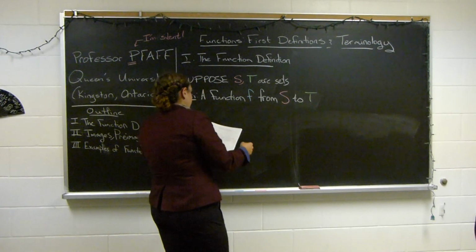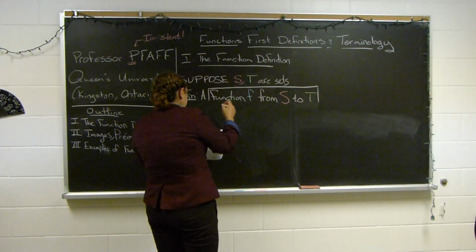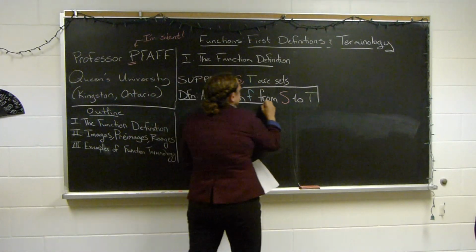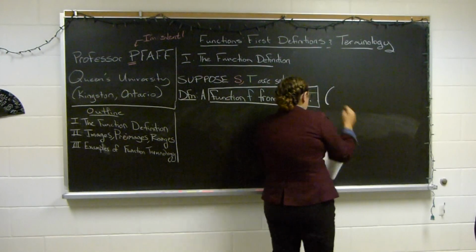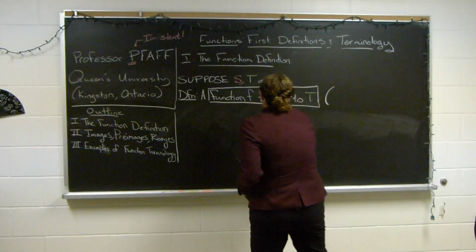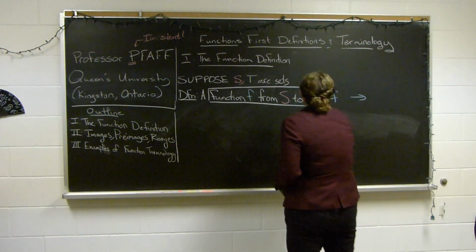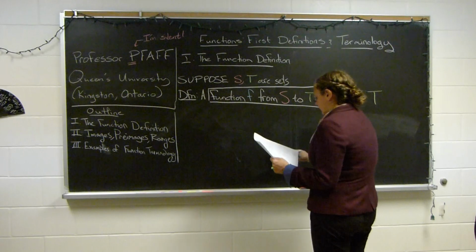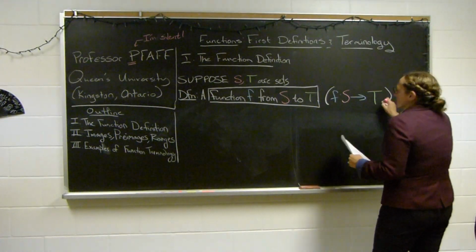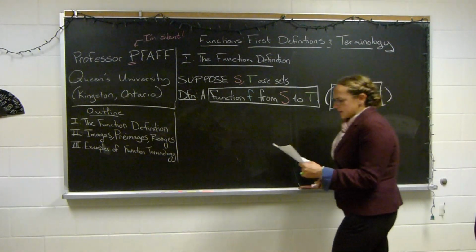Okay, so this is going to be a function f from S to T. And the way that I'm going to denote that, often we write it like this. You're probably used to seeing functions written like this, but just to emphasize, that's just the notation for this. So this is just other notation for the same thing.